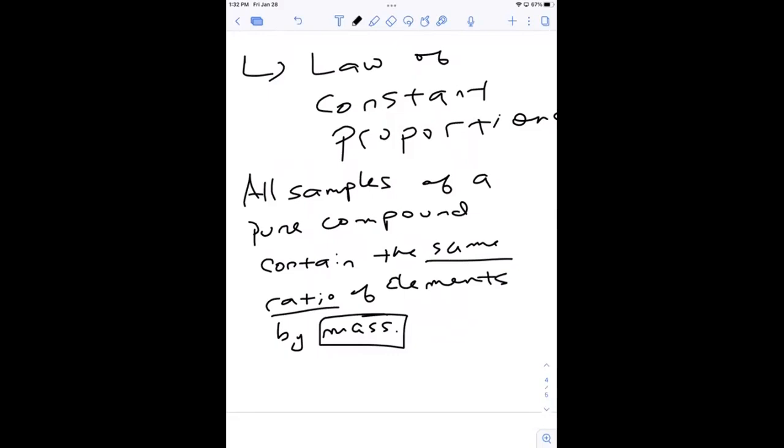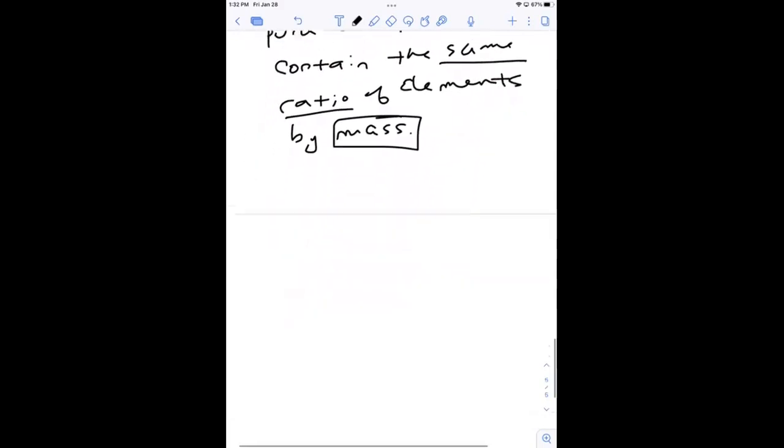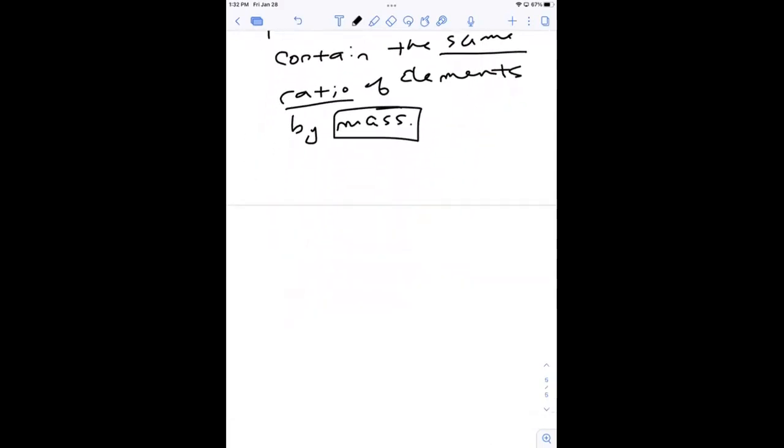So let's look at an example, right? If I take a water molecule, so this is water. What's the ratio of hydrogen to oxygen?